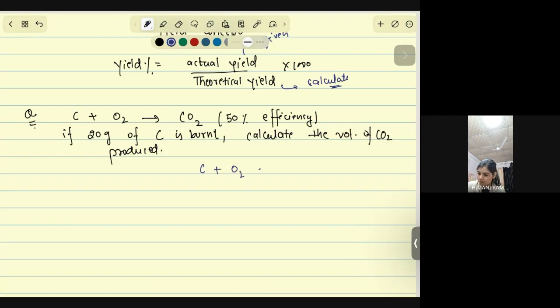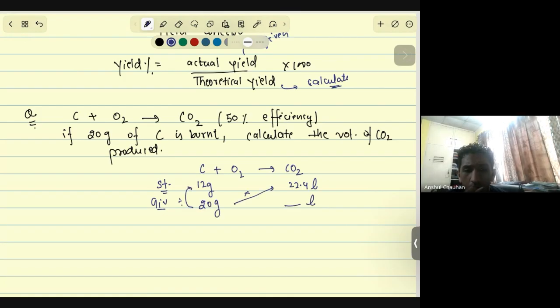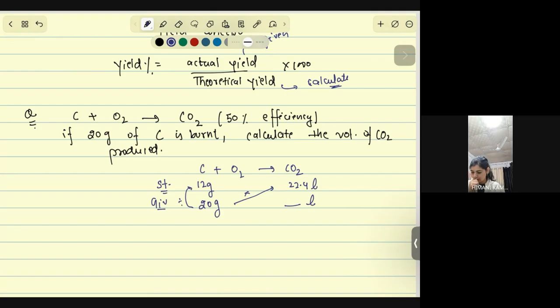So first we will write the equation, then standard: 12 gram, 22.4 liter. It will be 22 grams. Yes.